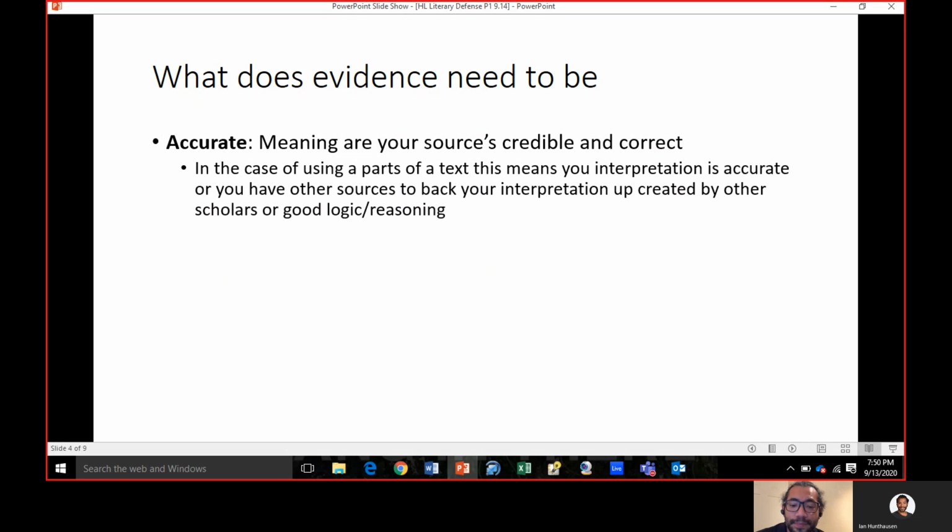So part of being accurate, in the case of using parts of a text, means your interpretation is also accurate, or you have other sources to back your interpretation up, created by other scholars or good logic or reasoning on your part.